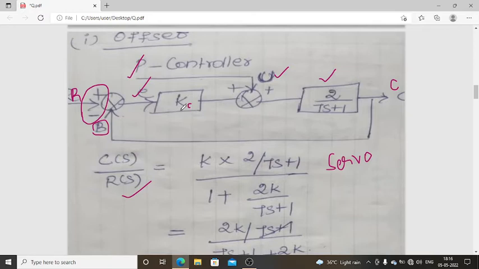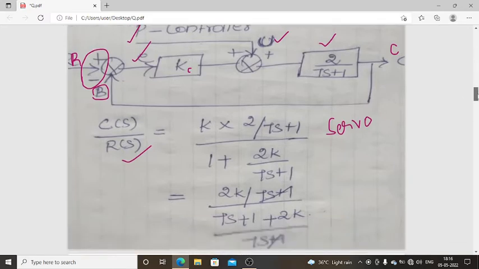So here the product of transfer functions between C and R is K or Kc into 2 by 7s plus 1, divided by 1 plus the product of transfer functions in the entire loop, the same thing, 2k divided by 7s plus 1. Are you clear? Okay, so 1 plus this one.